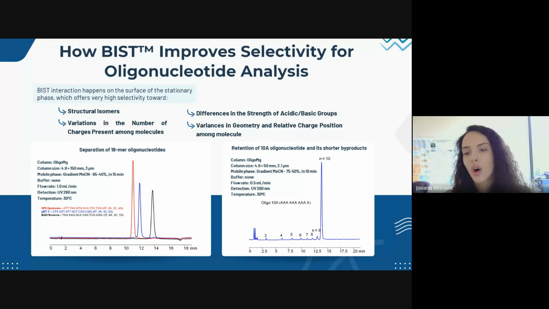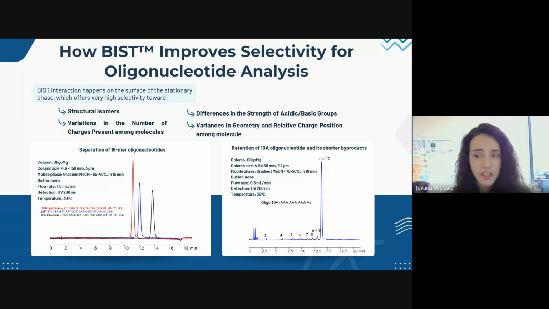So let's take a closer look at these two examples shown in this slide to illustrate how OligoMG, and the BIST principle, achieves this high selectivity. In the example on the left, we are separating 3 different 18-mer oligonucleotides. These sequences are the same length and have the same number of negative charges, but they differ in their base composition, that is, the specific nucleotides making up the chain.